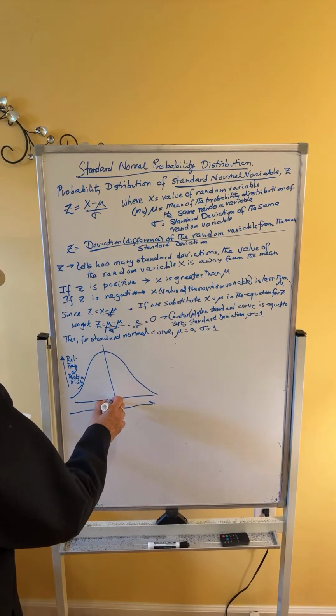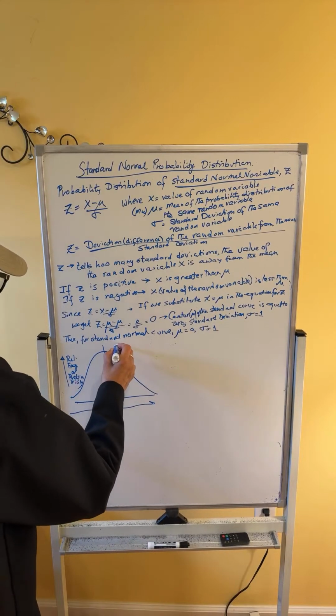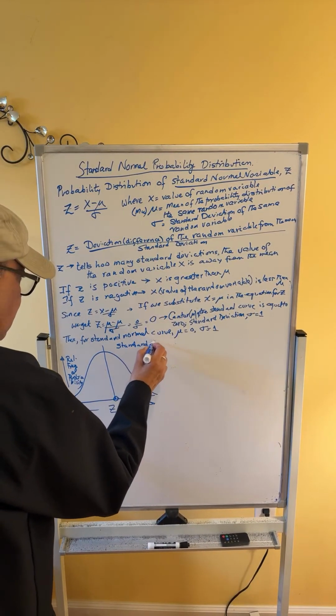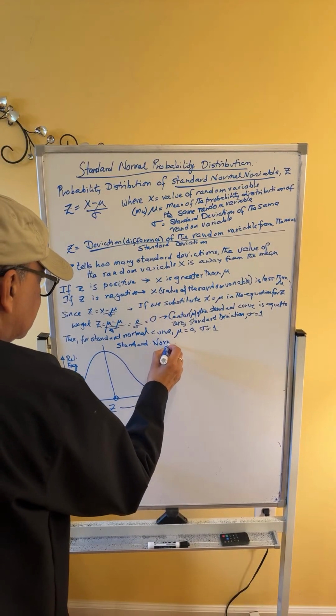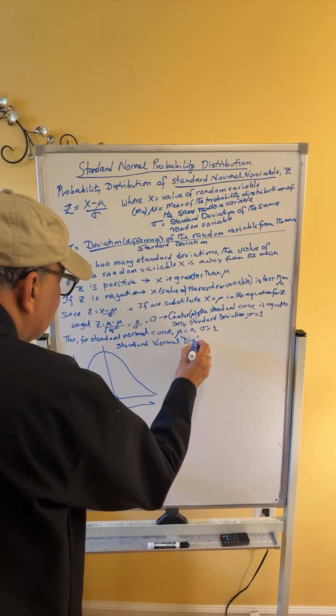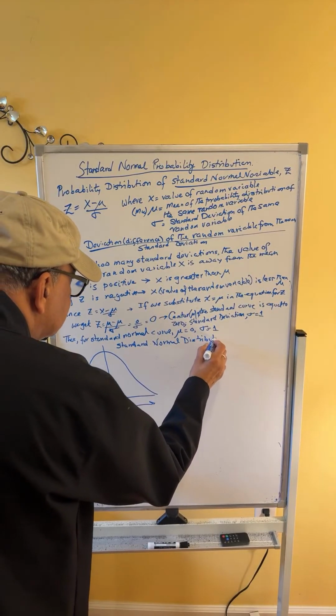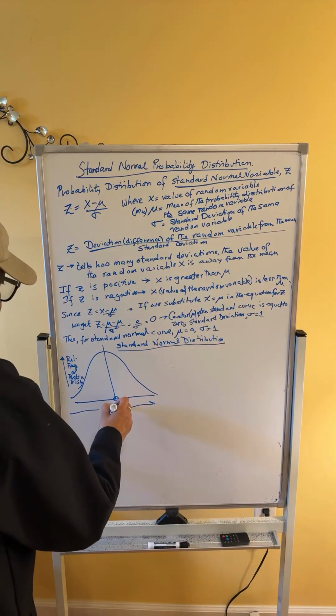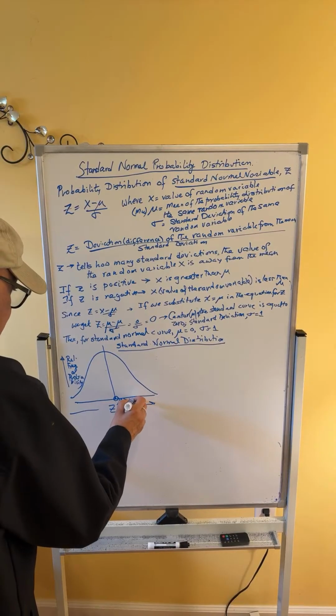The important point to note is that for this standard normal distribution curve, mu is 0 and sigma is 1.